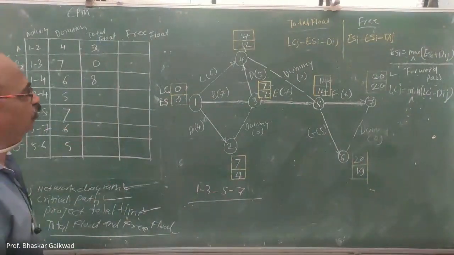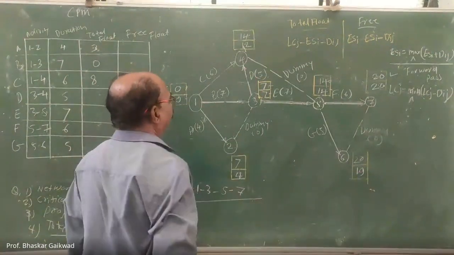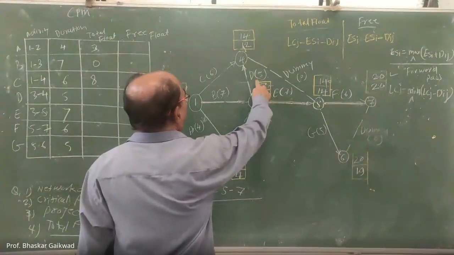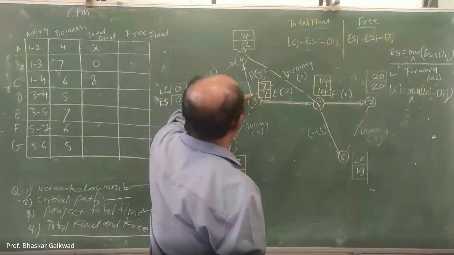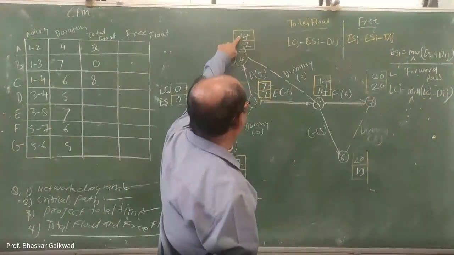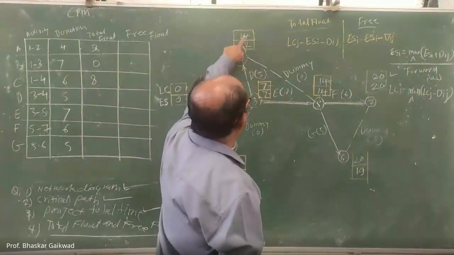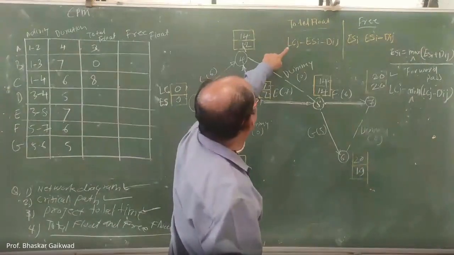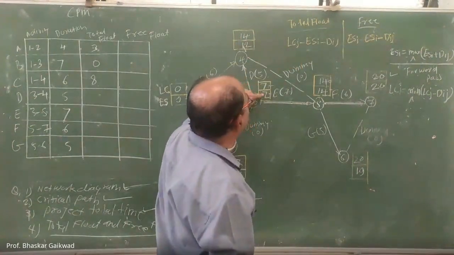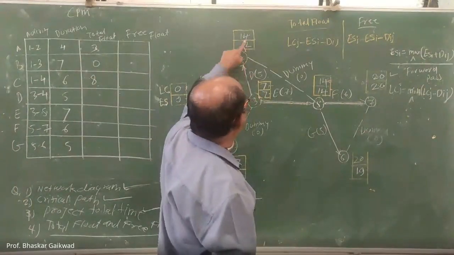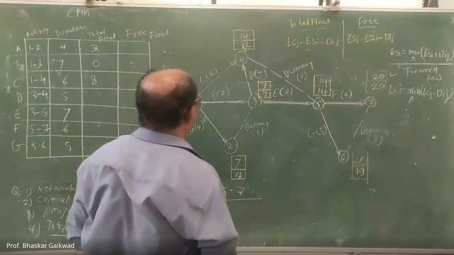Then 3 to 4. What is the LCJ? 14. 14 minus 7, see that? LC is 14, ESI means 7, minus duration. So 14 minus 7, 7 minus 5, 2.